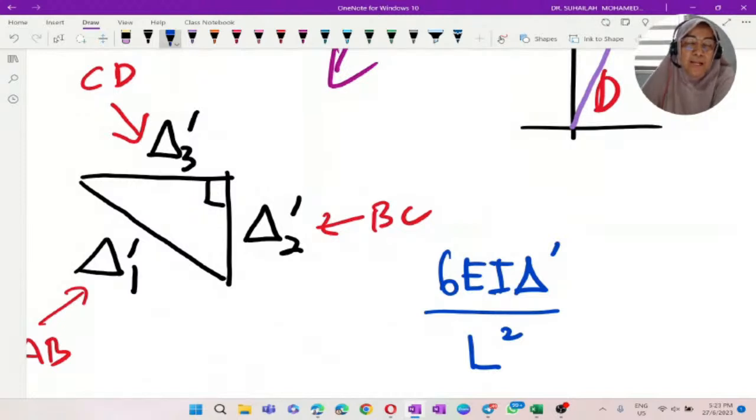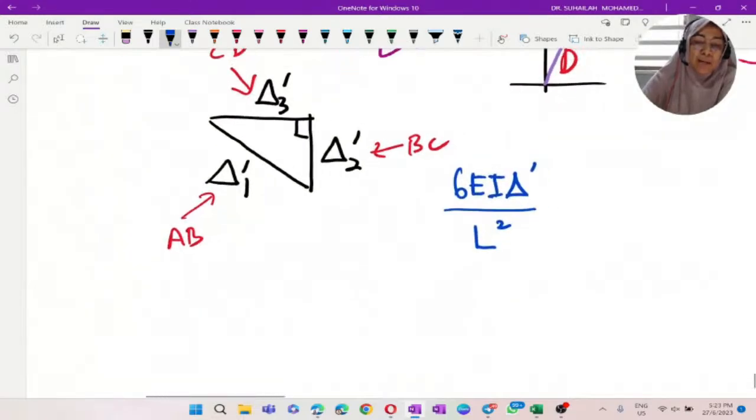And because AB is an inclined member, we will have delta for all members. We have delta for the beam as well. Delta 2 is vertical, and the vertical displacement belongs to the beam.